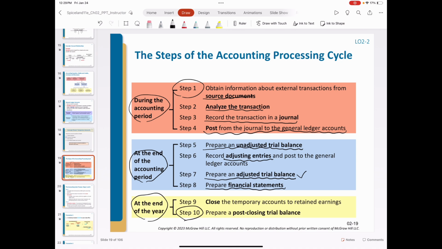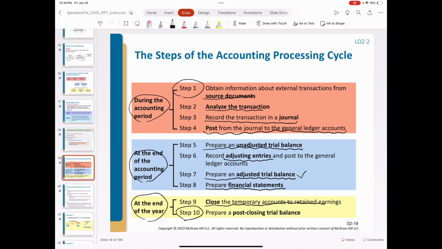After we prepare financial statements, you may think, okay, we are done, right? Actually not. We should prepare for the next accounting cycle. We also need to do step 9, the closing journal entries, to close all the temporary accounts to retained earnings, a permanent account in the balance sheet.